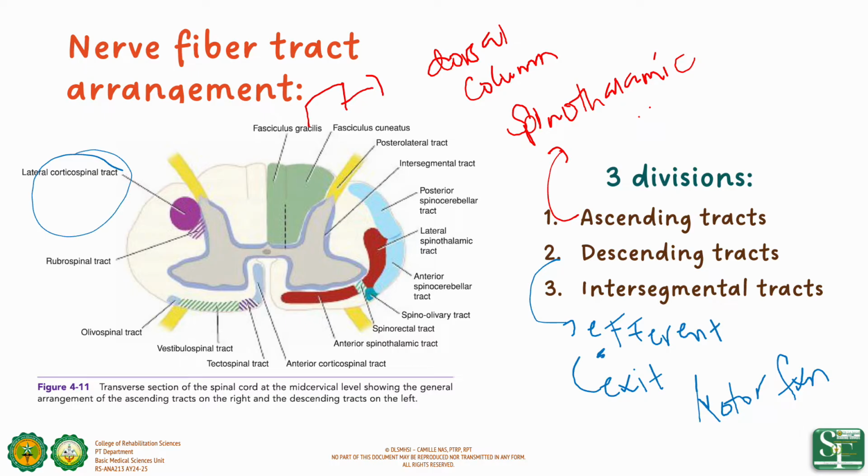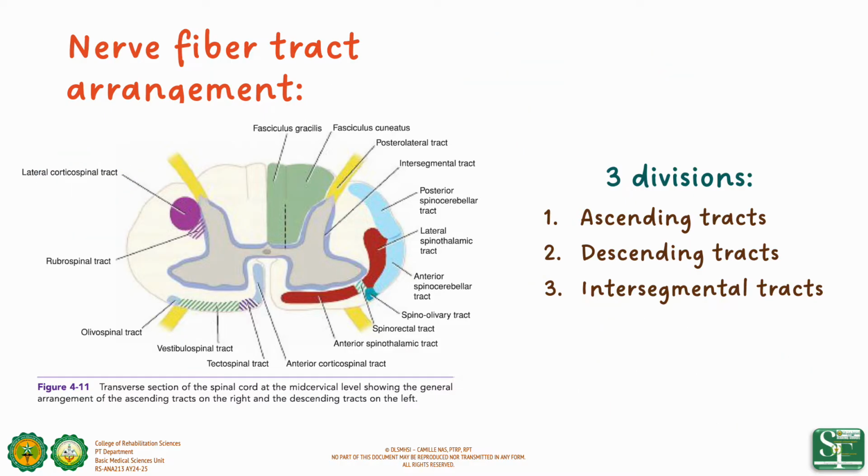Galing sa cortex from the brain, papuntang spinal cord, nag-descend. Intersegmental tracts, meaning yung mga nerve fibers within the spinal cord lang. And ang mga example nito ay nasa autonomic nervous system. So, saka na natin pag-uusapan si intersegmental tracts. So, let's just be familiar first with the two, ascending and the descending tracts.